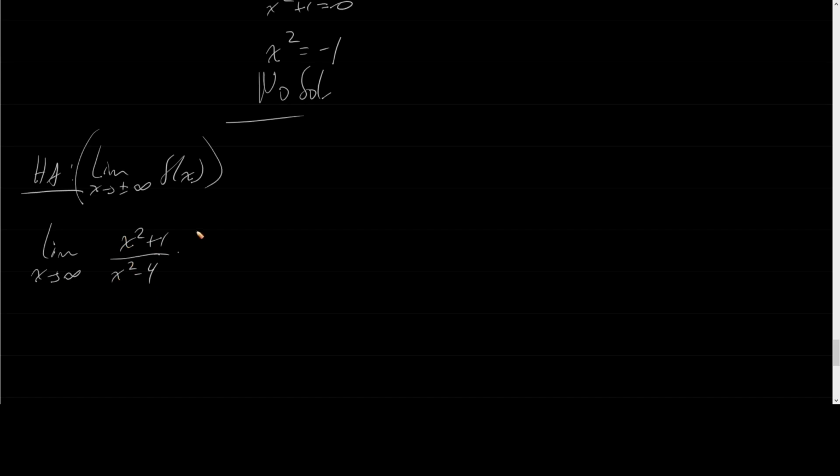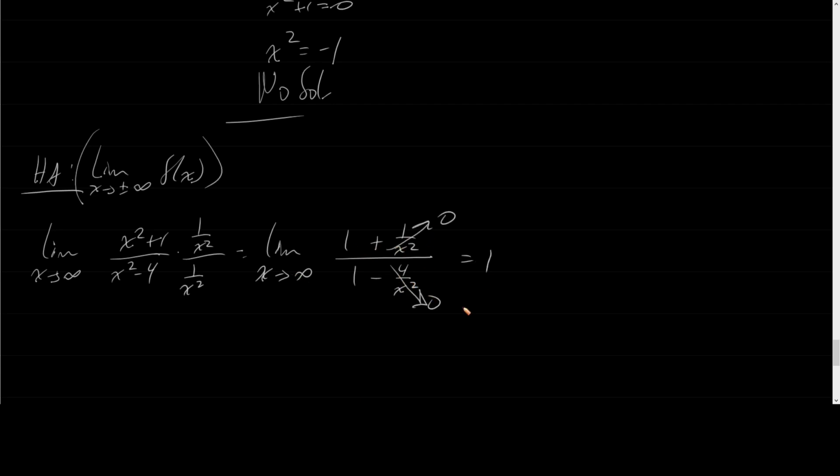Technically here I need to multiply by 1 over x squared over 1 over x squared, giving me the limit as x goes to infinity of 1 plus 1 over x squared over 1 minus 4 over x squared. And as x goes to infinity, this goes to 0, that goes to 0, giving me 1.